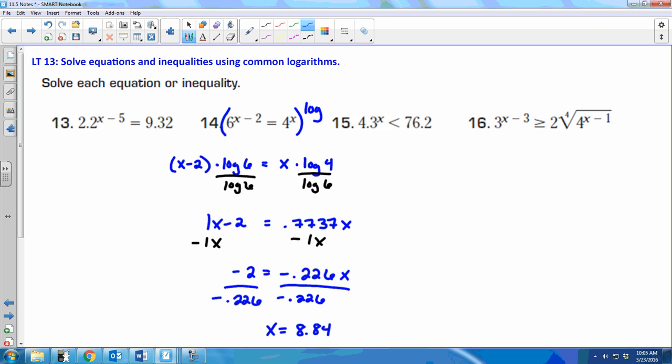All right, you do the next example. I know it's an inequality, but you solve them the exact same way. So you do the next one, and I'll do the long, complicated-looking one with you.